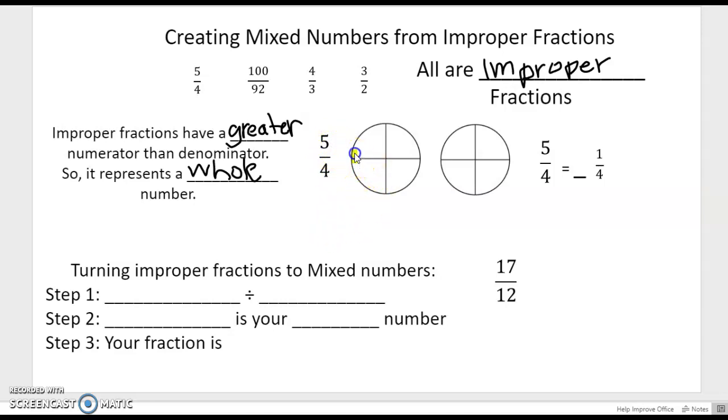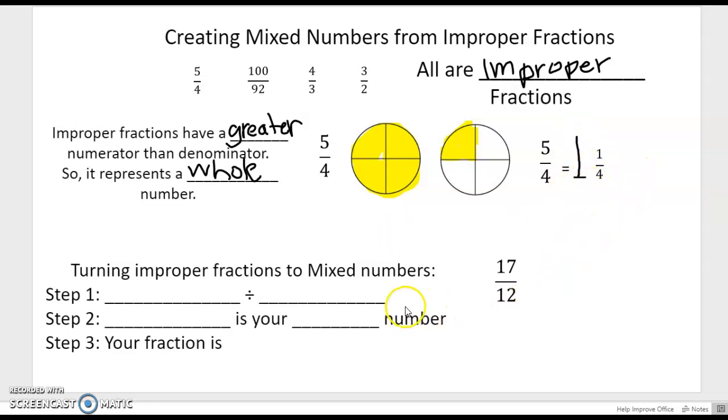So that would mean I have all of these pieces, because that would be 4 pieces. And I have 1 from here. So I have a whole pie plus 1/4. So 5/4 is the same as 1 whole and 1/4, or 1 and 1/4.